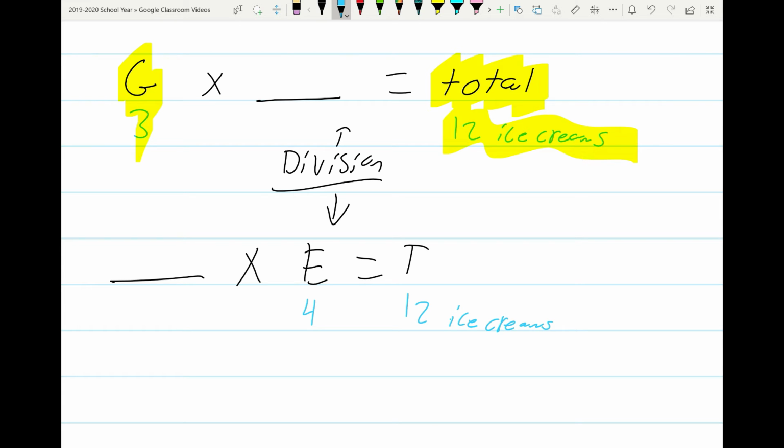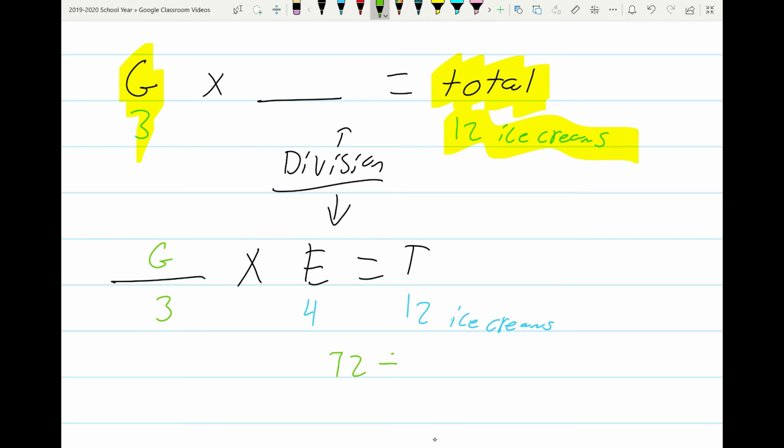How many friends do I have? That's what the problem's asking. I'm missing the G. How many people are there? Well, I know it's 3, but what did I do? I divided 12 by 4 and I got 3, right? Same thing up here. I have 3 friends, but I have the total of 12, so 12 divided by 3 would equal 4. Each person is going to get 4.